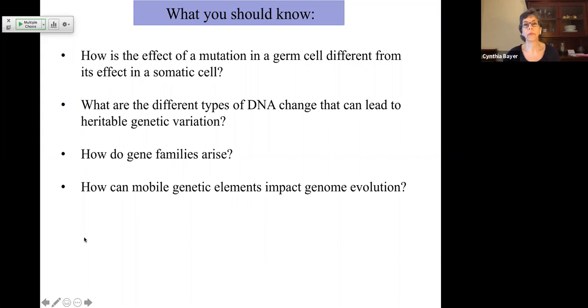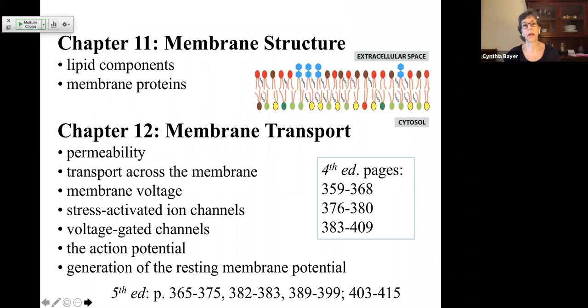I always will give you a list, sort of a brief summary of some of the questions you should be asking yourself to make sure that you understand the main concepts that we've just discussed in that chapter. So now we're ready to move on to our next chapter. It's PowerPoint 8 and covering material from chapter 11 and 12.